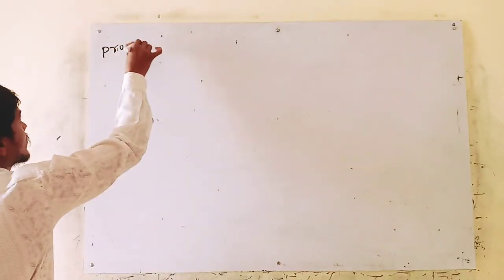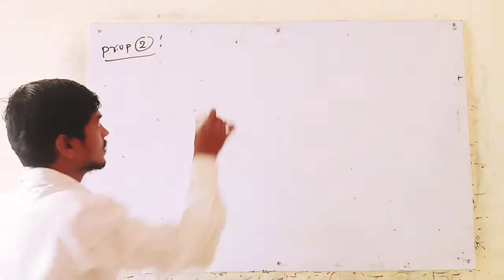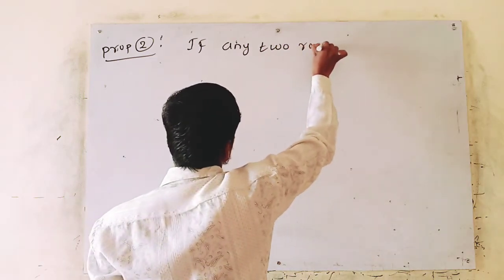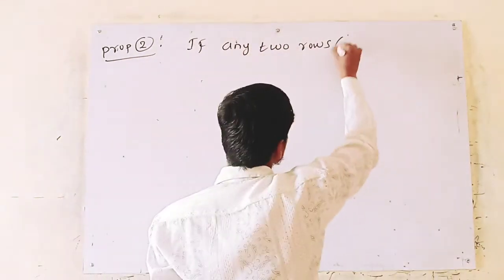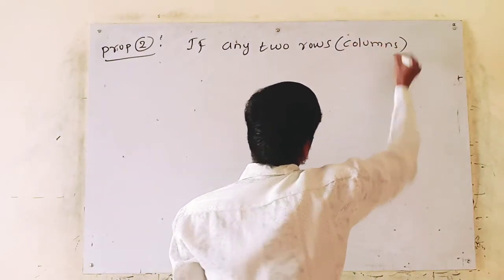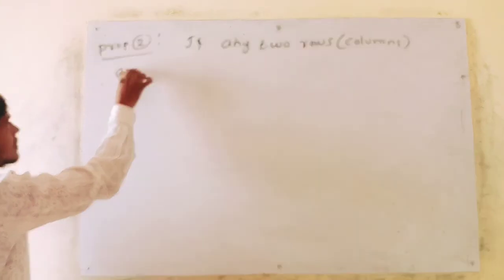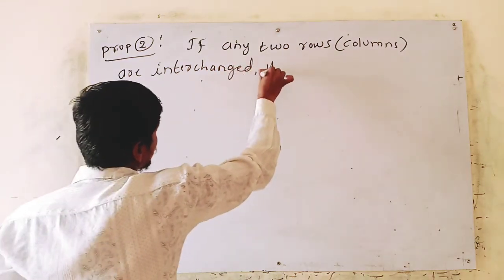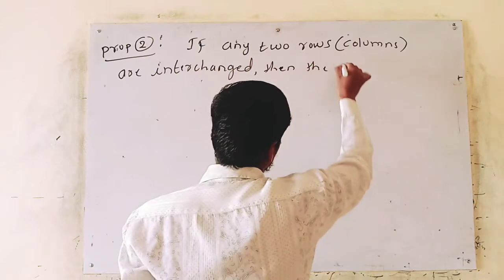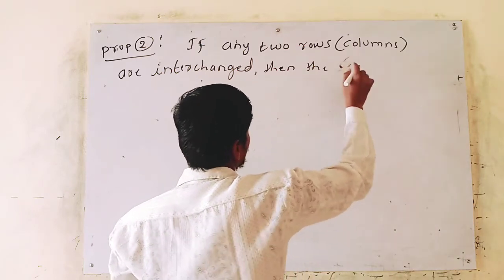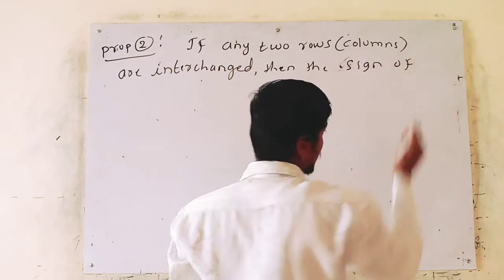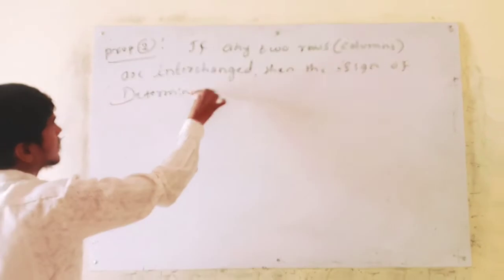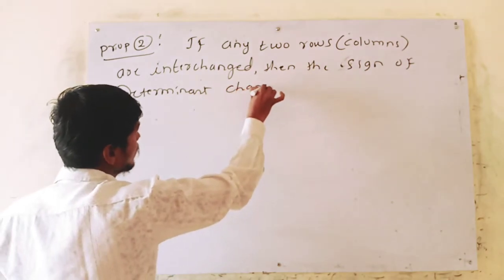Property number 2 statement: if any two rows or any two columns are interchanged, then the sign of the determinant changes.